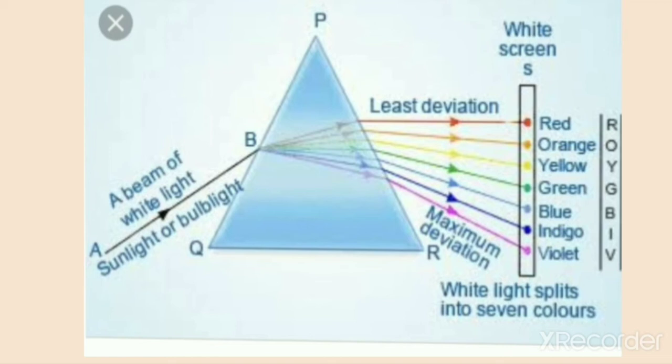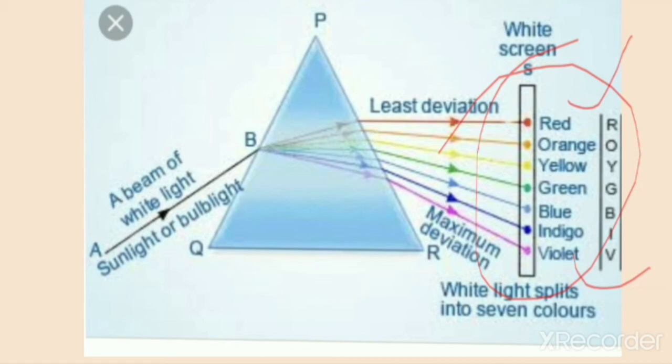Also, a mostly asked question is which color of light deviates the most and which deviates the least. Out of these seven colors, red has the maximum wavelength and violet has the minimum wavelength. So red will deviate the least and violet will deviate the most.